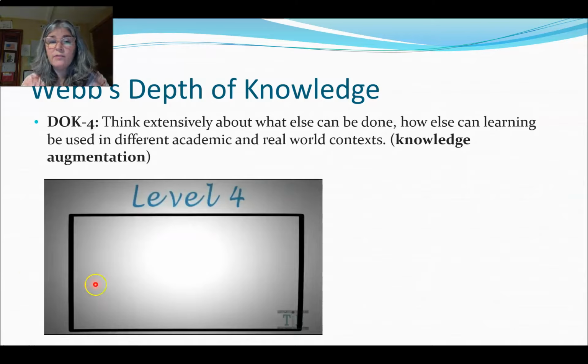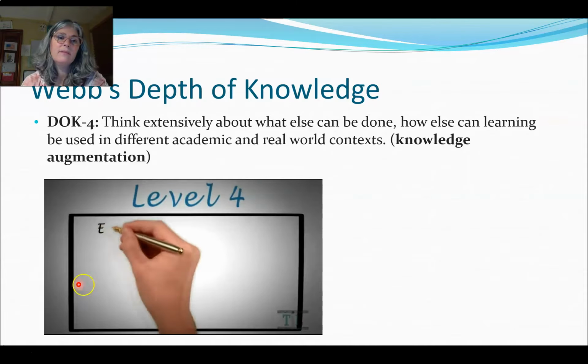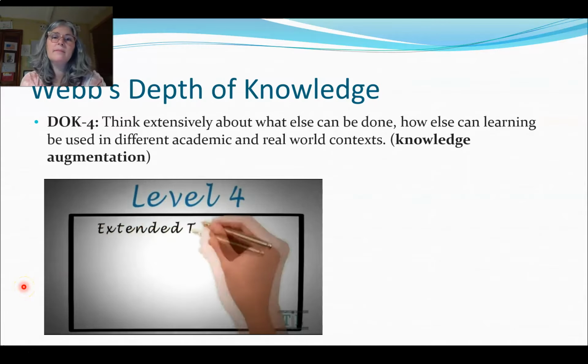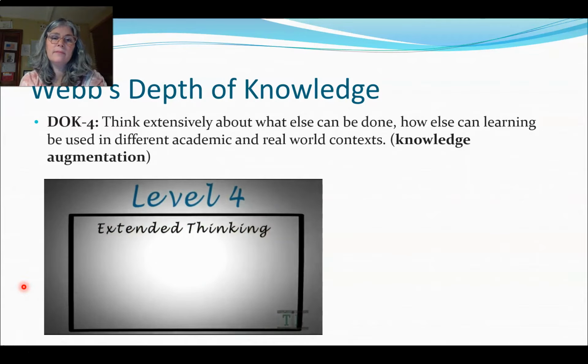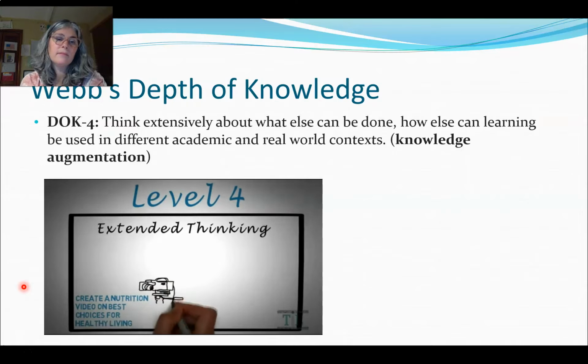And then finally, the 4th one. And the last level, level 4, which is extended thinking. And the first example would be creating a nutritional video on the best choices for healthy living. This is a project where students have to create and combine a number of different skills. Next up, make connections across different content and subject.